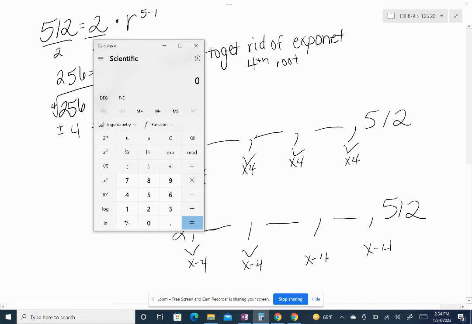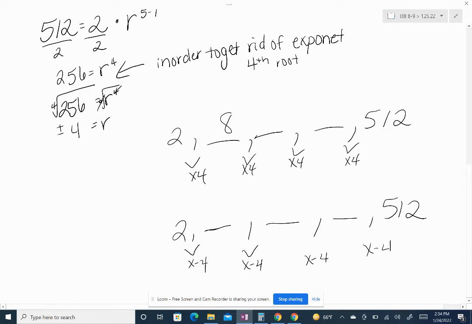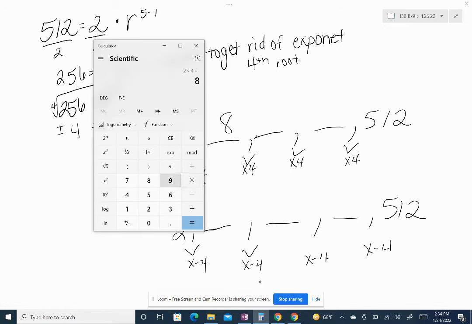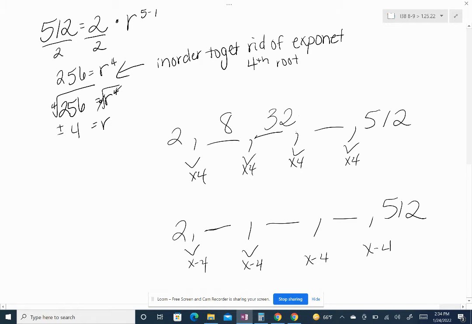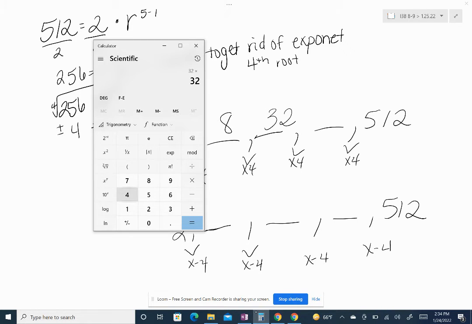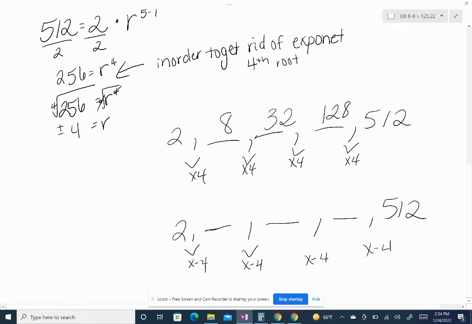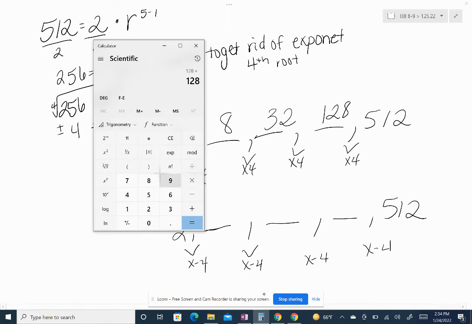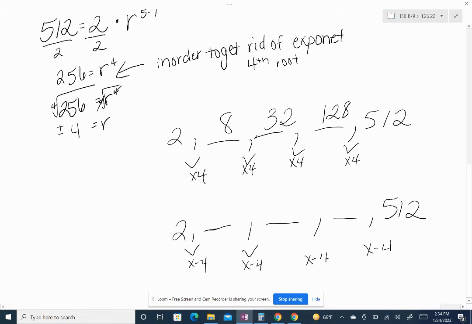So 2 times 4 is 8. 8 times 4 should give us 32. Times 4 gives me 128. And 128 times 4 gives me 512. So that pattern works. So let's just double check if it was a negative 4.